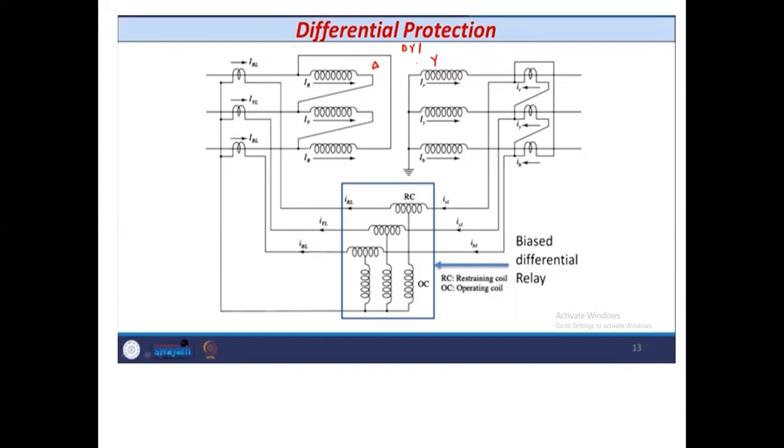So on the delta side, the line CTs are connected in star, and on the star side, the line CTs are connected in delta. These are the delta side, and these are the star side. This is the connection of CTs on either side, delta side and Y side.